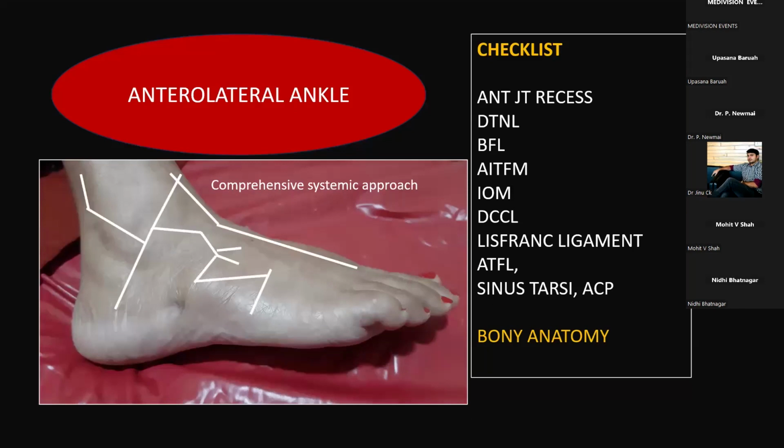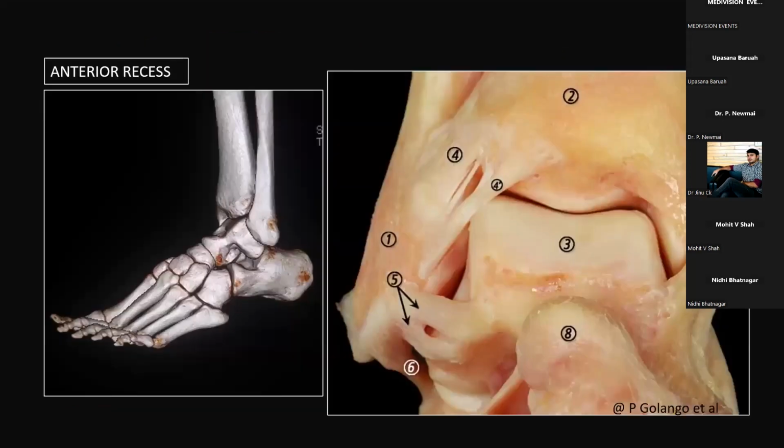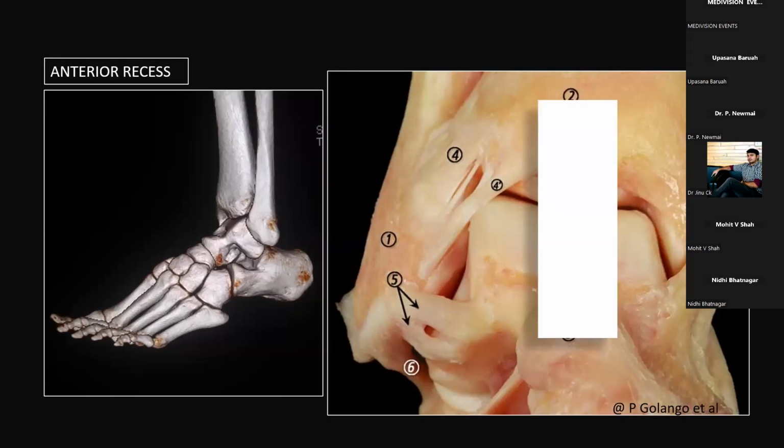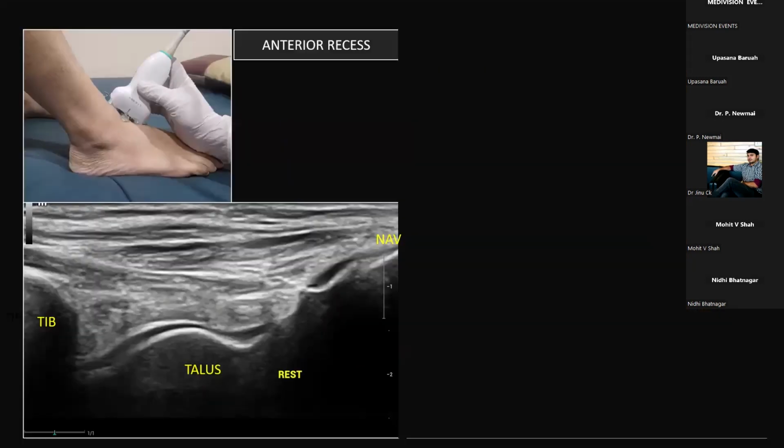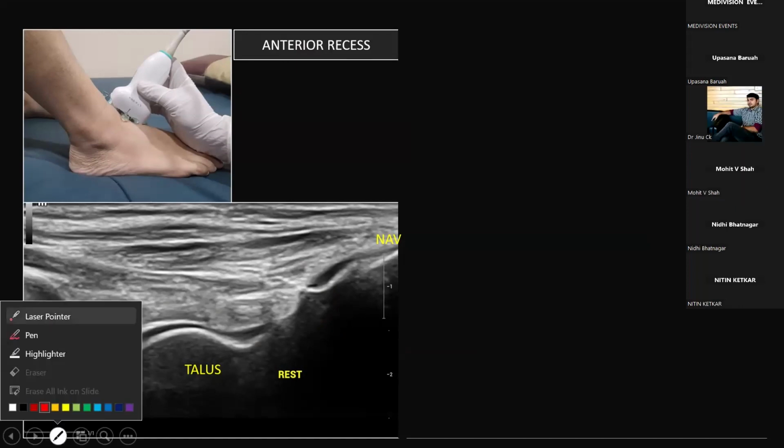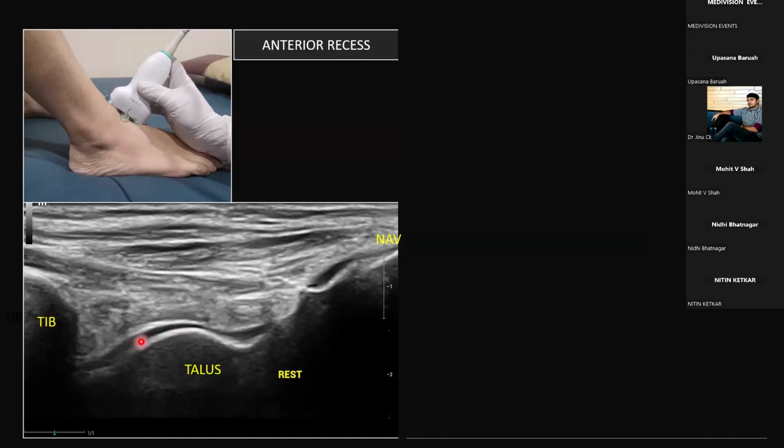So there is a comprehensive systematic approach for the anterolateral ankle, and we will go one by one. To start with, we always like to see the anterior recess. Put the probe sagittal over the anterior recess, and we can see a triangular space between the talus, the talar dome, and the tibia, filled by fluid.